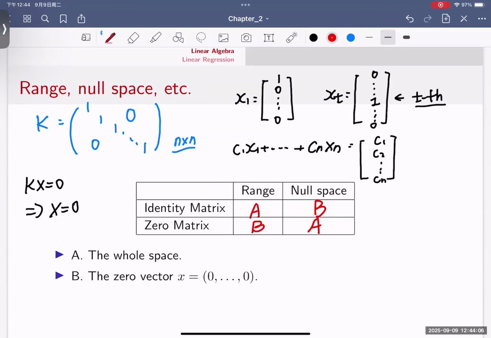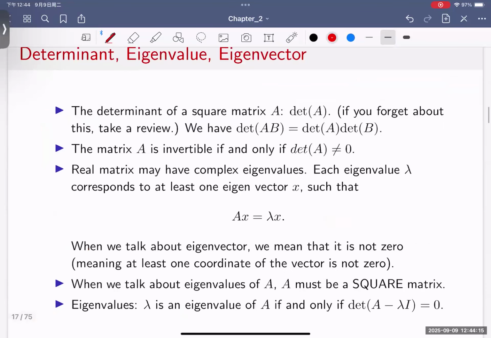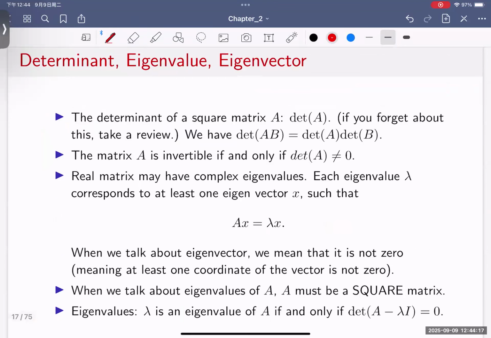So this is some remaining part, so we just skip these. Next we will go back to some other content, called the determinant, eigenvalue, and eigenvector. We just briefly mention them. The determinant is one of these. Earlier, when we considered a matrix A, sometimes we are also interested in the inverse of the matrix.